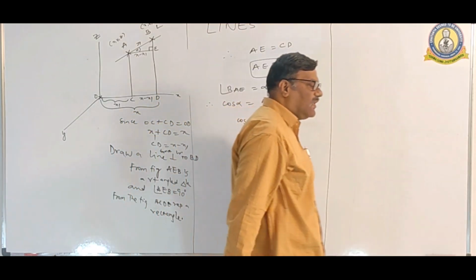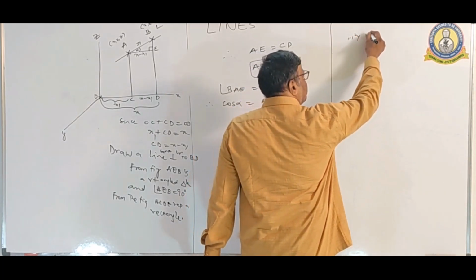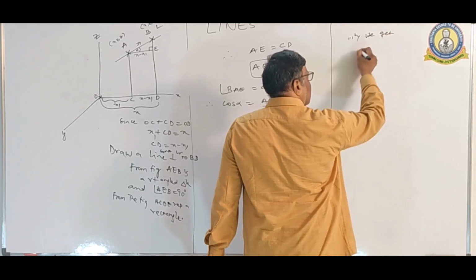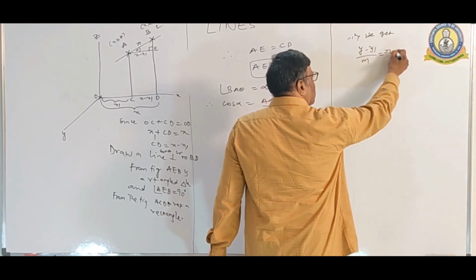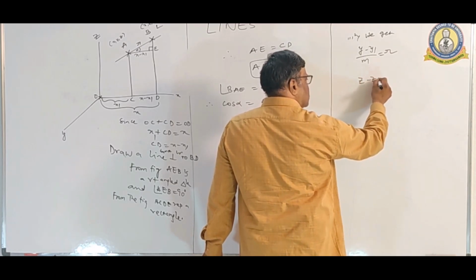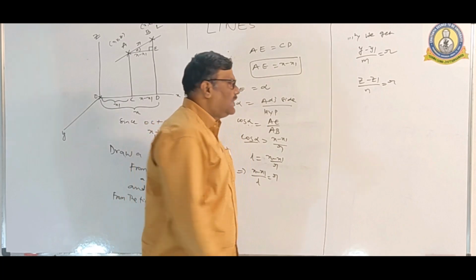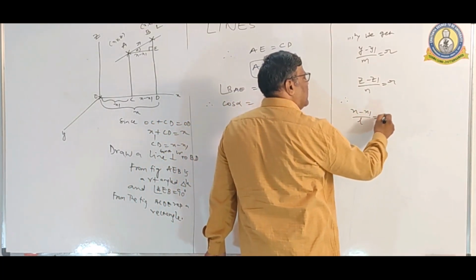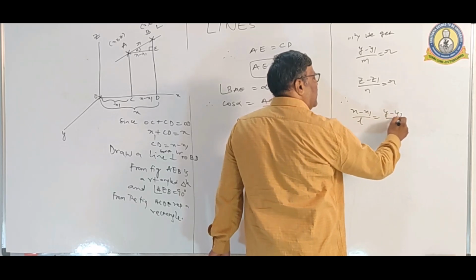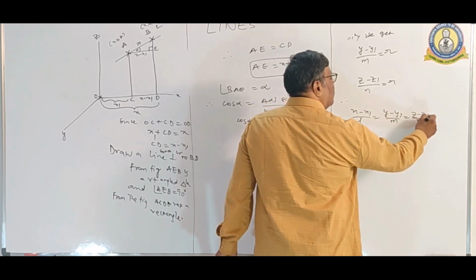Similarly, if we consider the other projections with respect to the y and z axes, we get y minus y1 by m is equal to r, and also z minus z1 by n is equal to r. Therefore, x minus x1 by l is equal to y minus y1 by m is equal to z minus z1 by n.